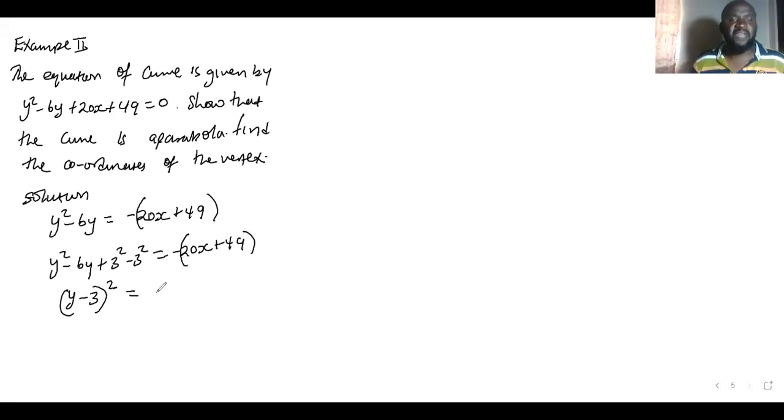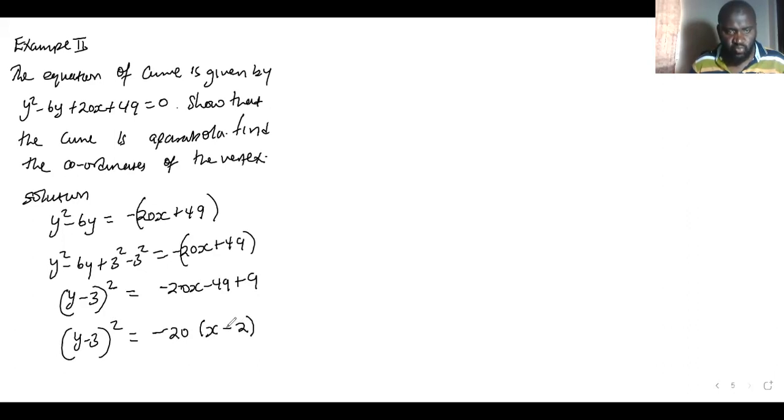So it's going to be giving us negative 20x minus 49 plus 9. (y minus 3) squared is equal to negative 20 of (x plus 2).